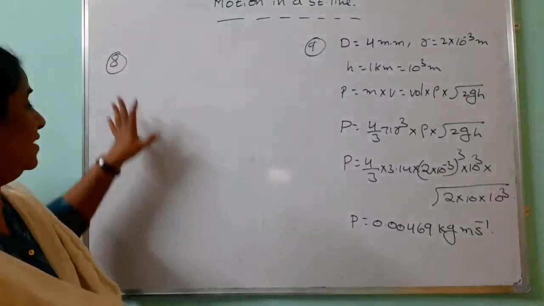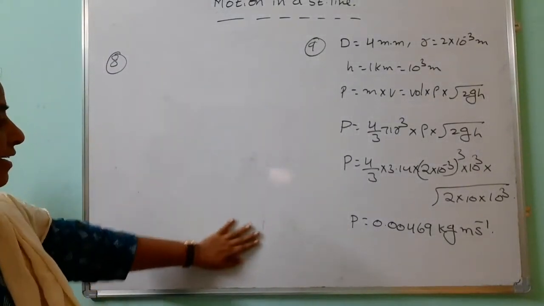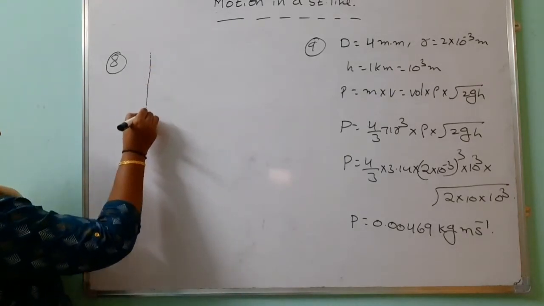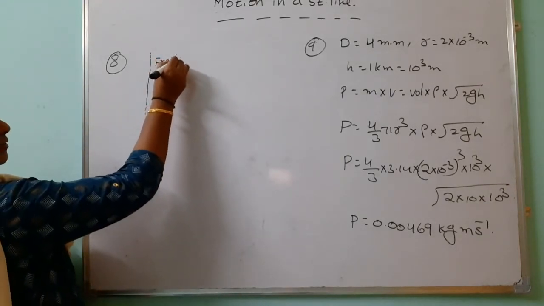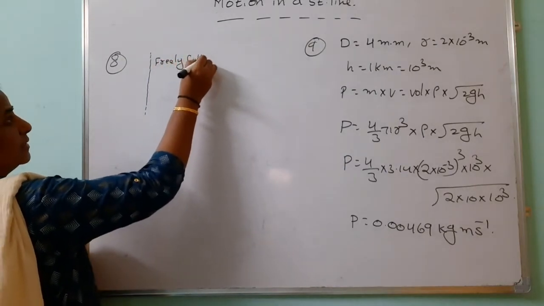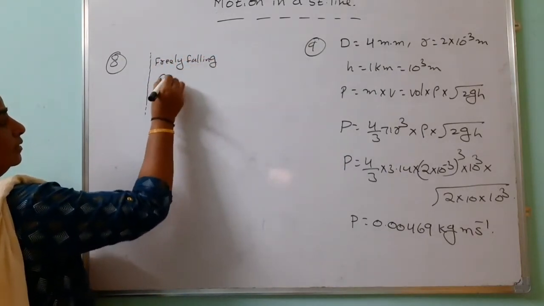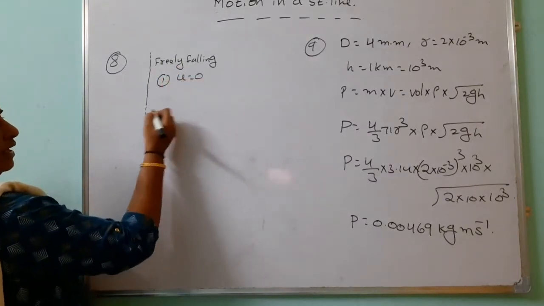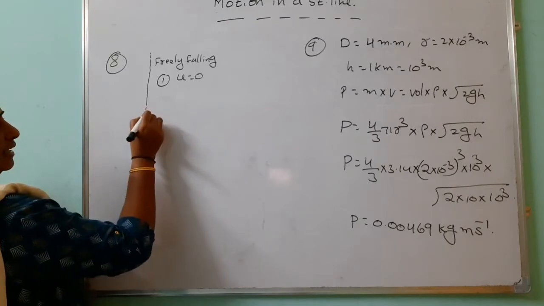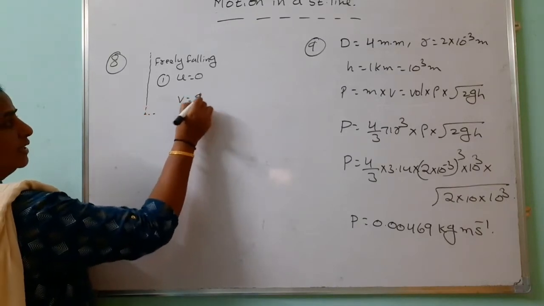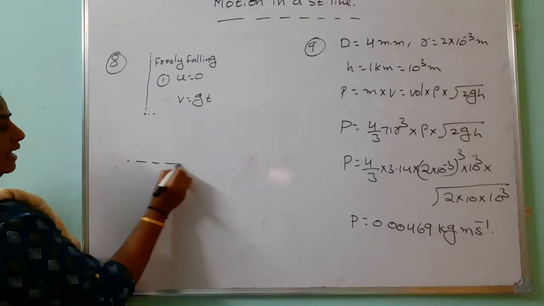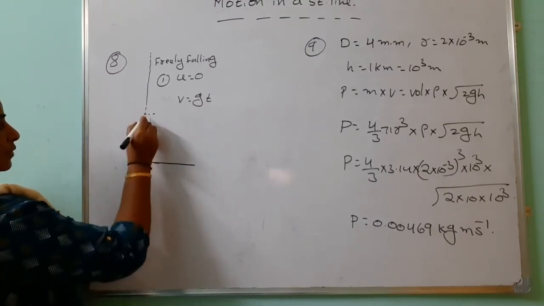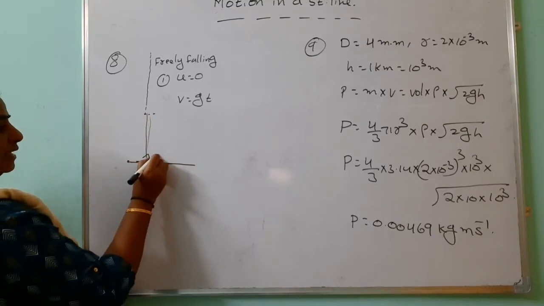Our next question, the 8th question: find the relative velocity. Look, for a freely falling body, we take the first case. Initial velocity is 0. After traveling some distance, v equals g into t. Another body we are throwing upwards with velocity u.